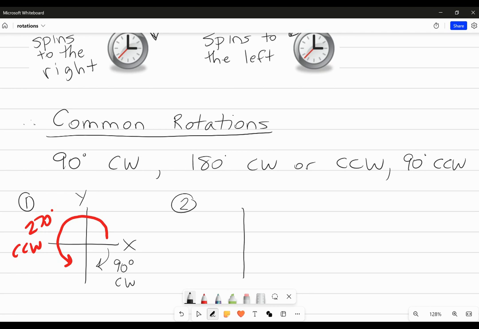When we look at 180 on a coordinate plane, a 180 spin clockwise is the same thing as a 180 spin counterclockwise.